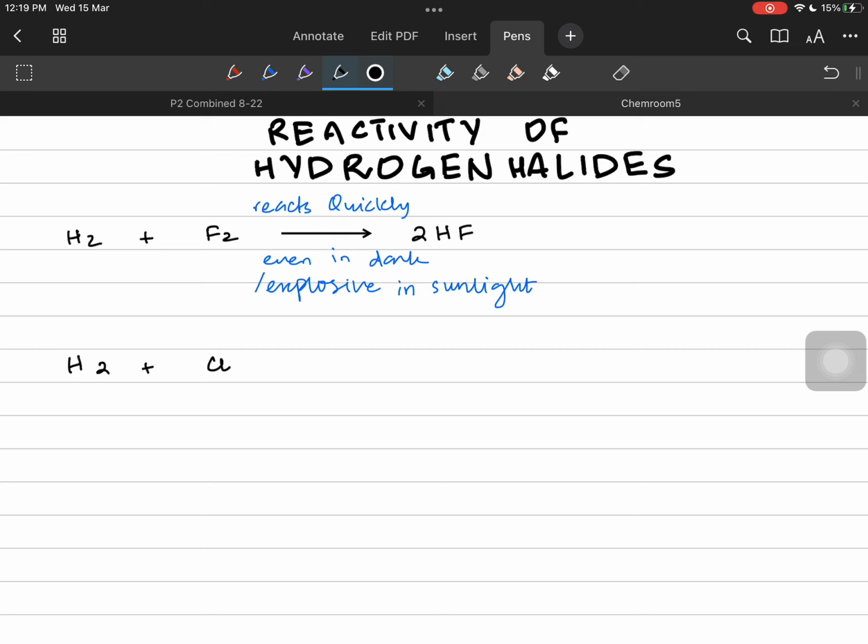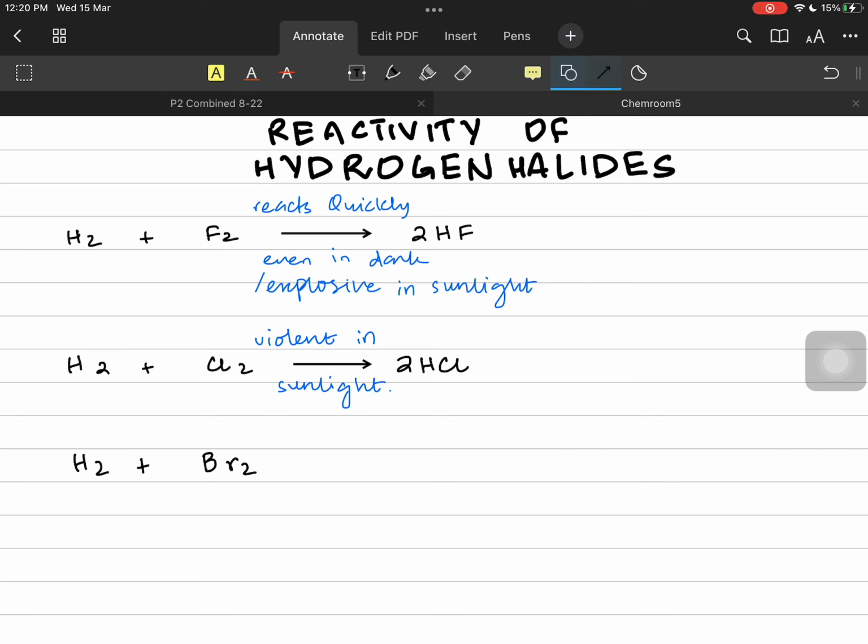When hydrogen reacts with chlorine, it's still a very vigorous reaction and we get hydrogen chloride. Hydrogen chloride and hydrogen fluoride are very good strong acids. Hydrogen chloride is a better acid than hydrogen fluoride. It's a violent reaction in sunlight, a little less quick than hydrogen fluoride.